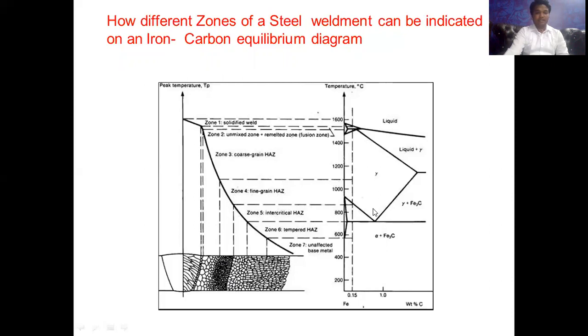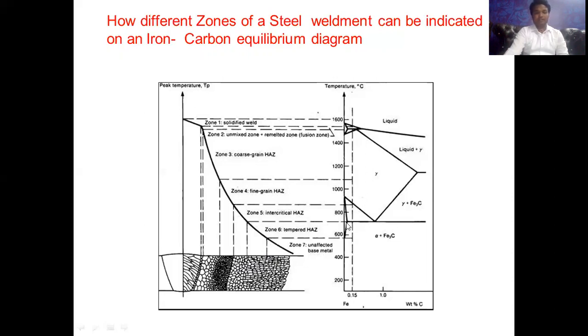In the intercritical heat affected zone, the grain structure is a little coarser than the fine grain structure, and the temperature is between 900 and 700 degrees centigrade. Next to it, we have a tempered zone where the grains are a little elongated due to the heating and cooling effect of the weldment.